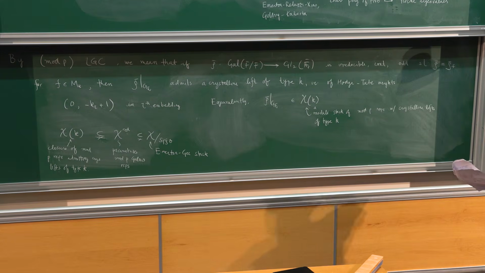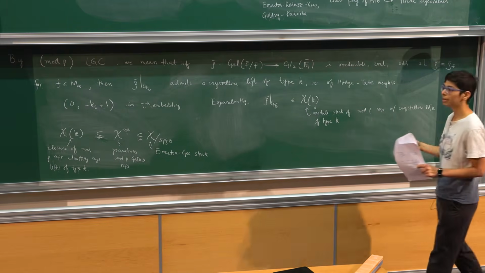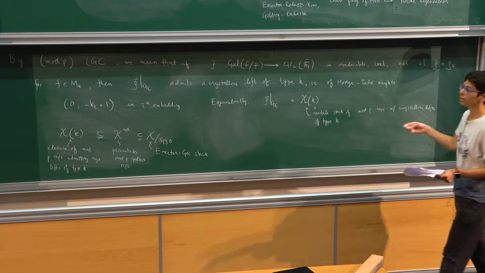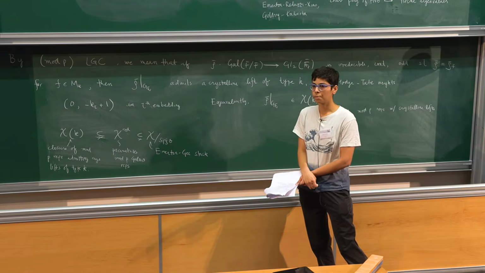But as it is, it cannot be directly applied. But maybe if one were to strengthen it, hopefully in the near future, then one could actually apply it to modularity lifting, right? So the converse would be a part of the strengthening of this local global compatibility statement.